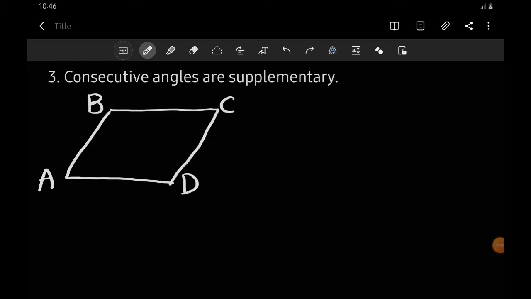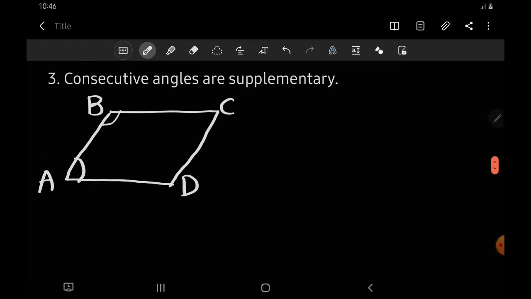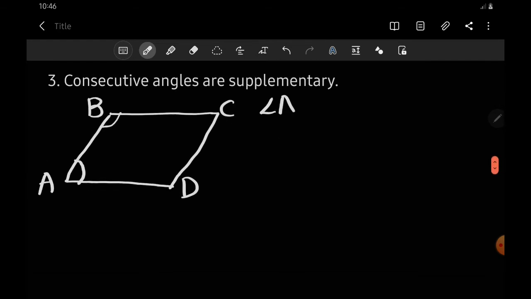The third property is consecutive angles are supplementary. When we say supplementary, it must be equal to 180 degrees. For example, consecutive angles, that is angle A plus angle B, is equal to 180 degrees.